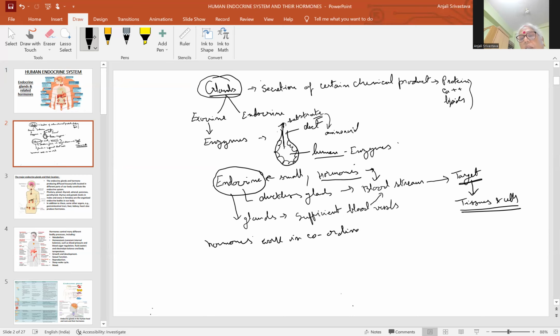They are under the direct control of the nervous system and work together with it. That is why it is said that the endocrine glands plus the neural portions together act for the coordination of all the systems of the body.